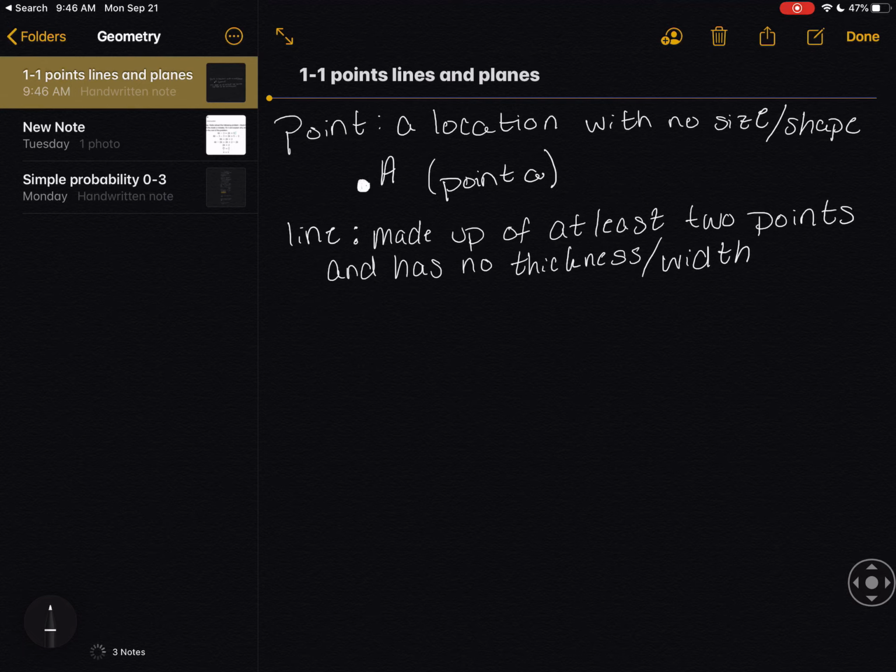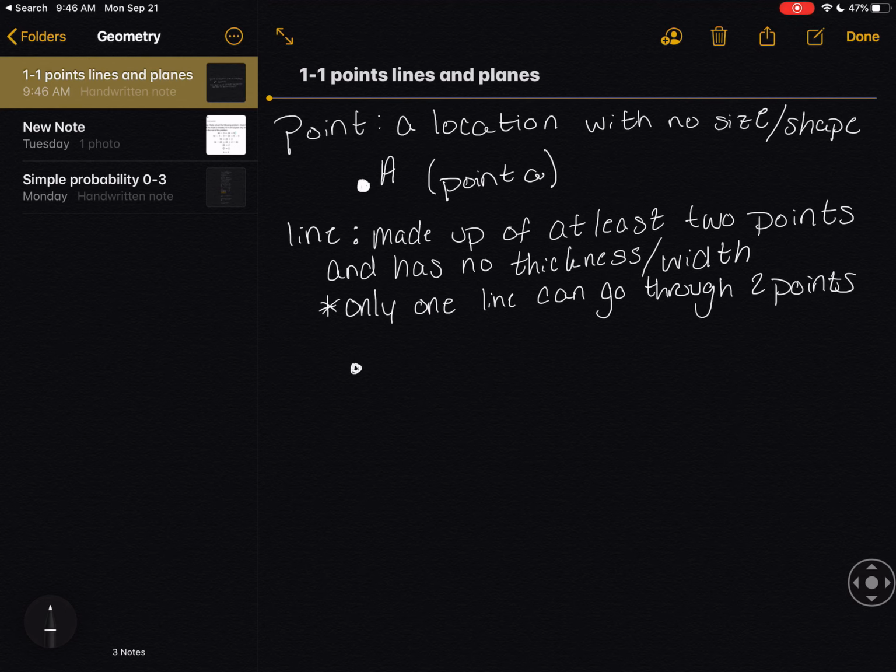Only one line can go through 2 points, so that's just a note. So for an example, I could have a line and I have point A and B, and then my line, which isn't very straight, goes through both of those points.